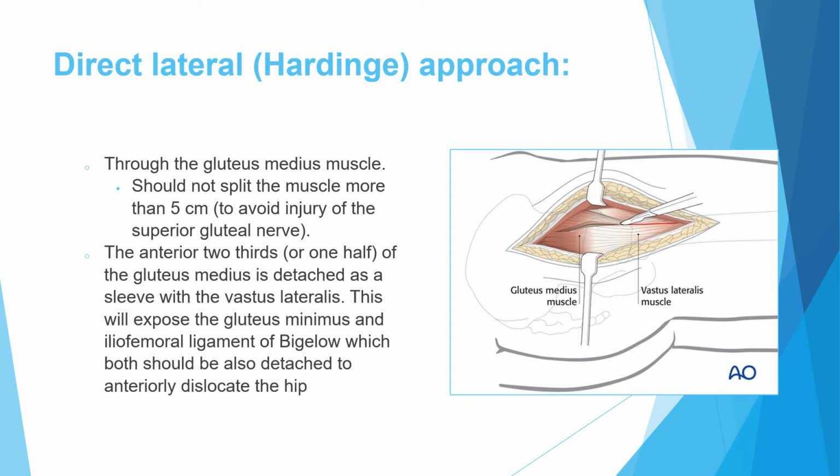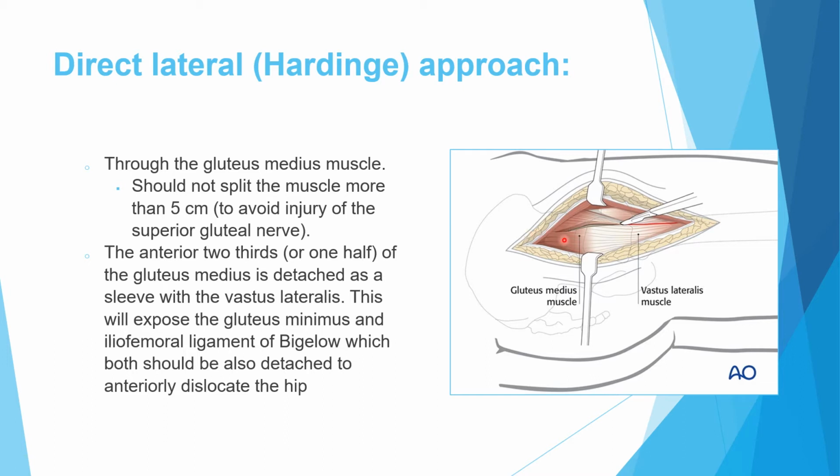If you go one more step back, it will be the direct lateral or Hardinge approach. In this approach, you go through the gluteus medius muscle and split it.